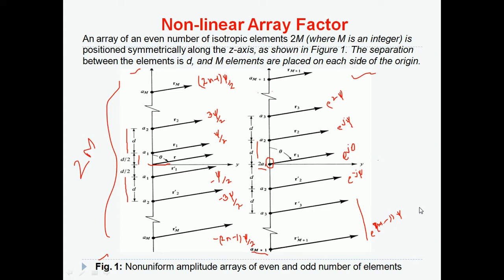So that is the difference between an odd number and an even number of non-linear elements.